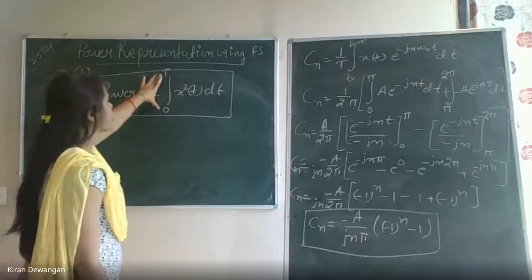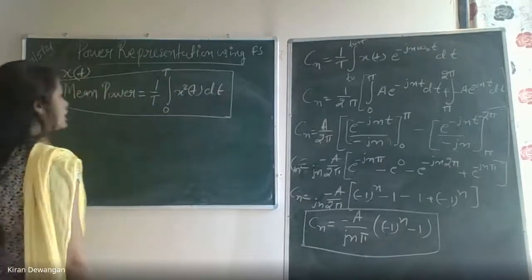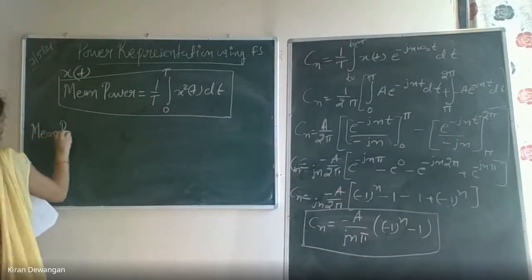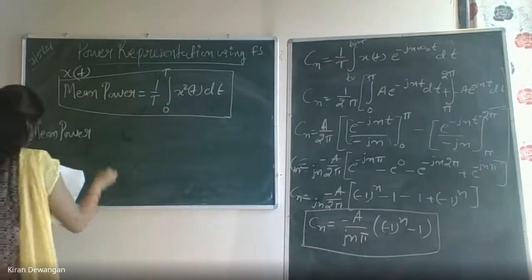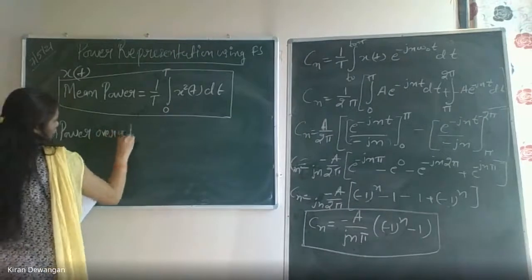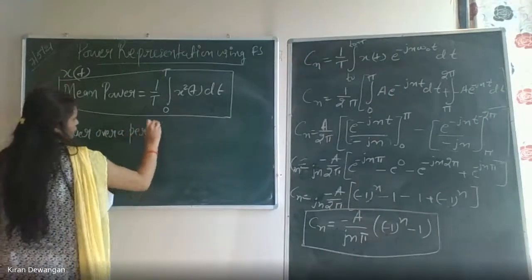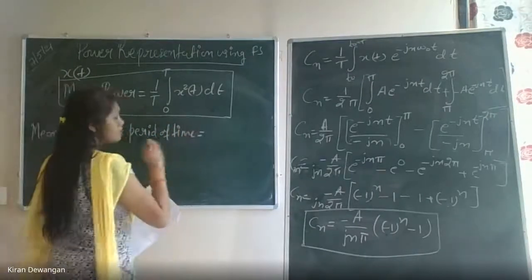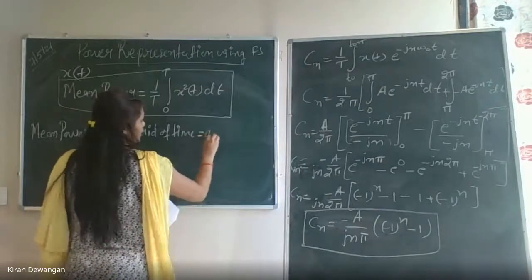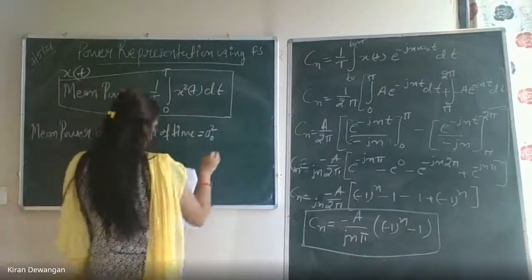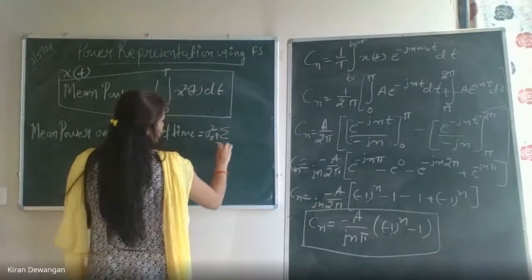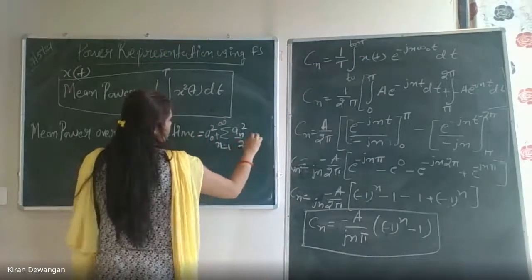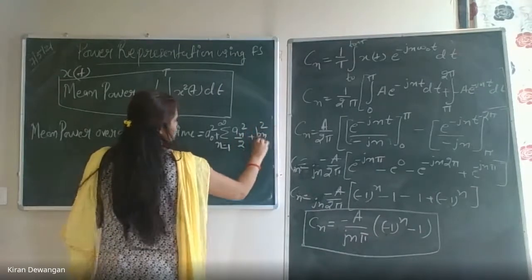So that is for a particular period of time 0 to T x square t dt. ठीक है, now with this one we can even write mean power over a period of time is given by, if it is in terms of Fourier series, then it is a naught square, that is trigonometric Fourier series, plus summation n 1 to infinite an square by 2 plus bn square by 2.